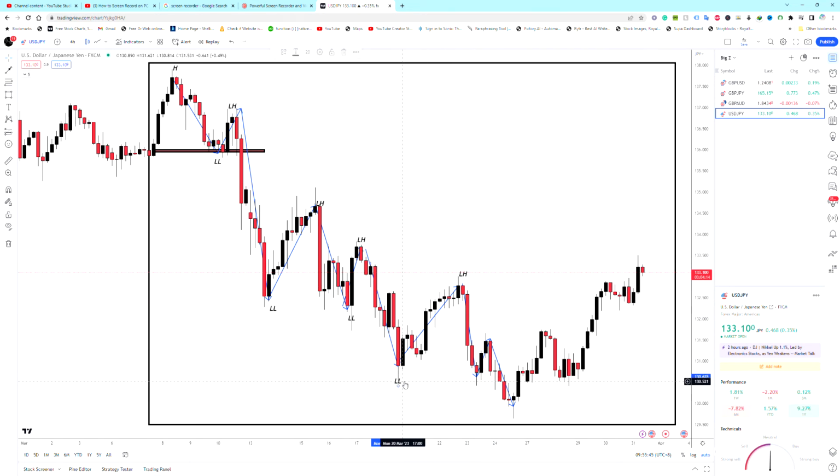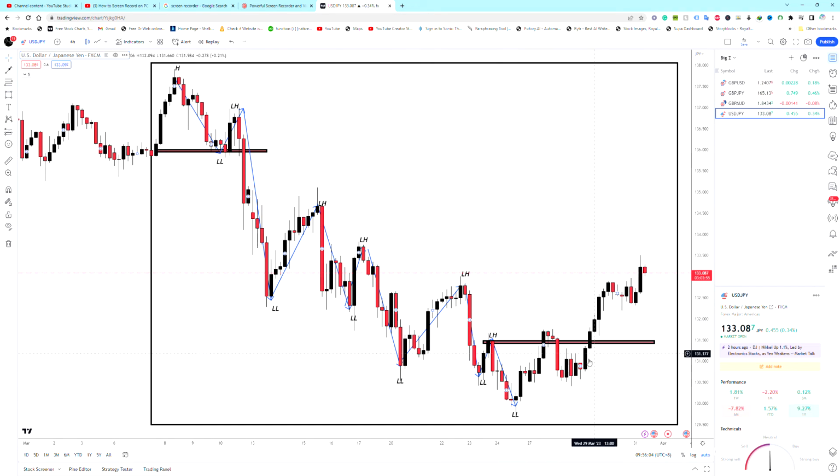So let's continue marking. This is our lower low, and then lower high, and then we see what? A lower low. But if we look at this high right here, what do we see happen? We see that from the last lower low, the market pushed and touches it.